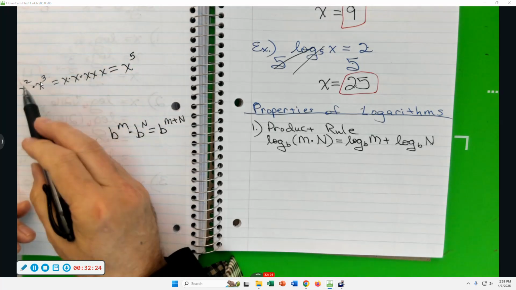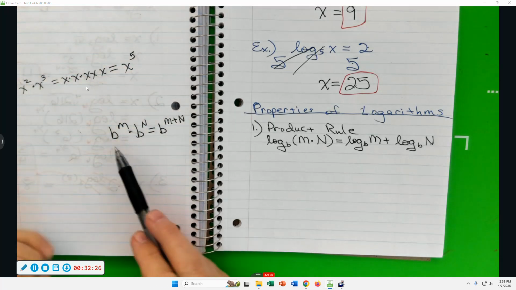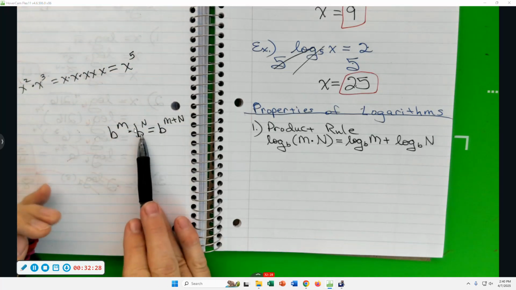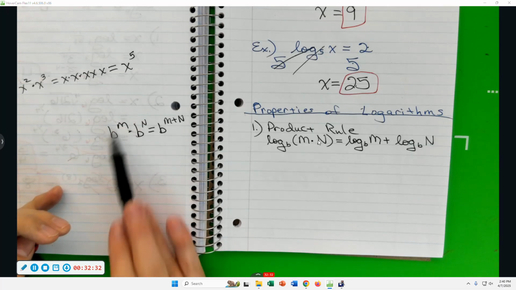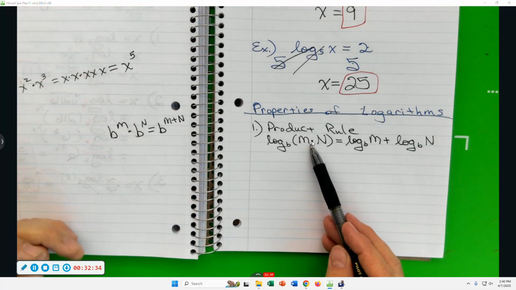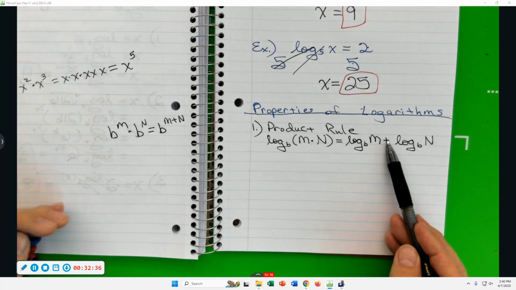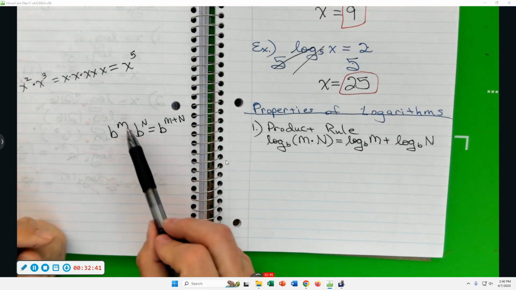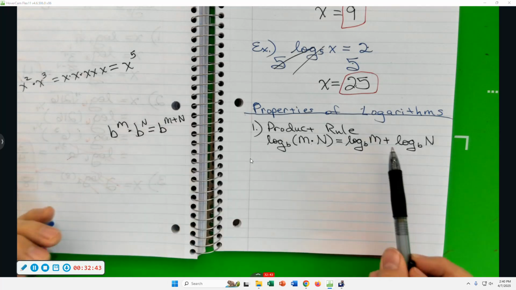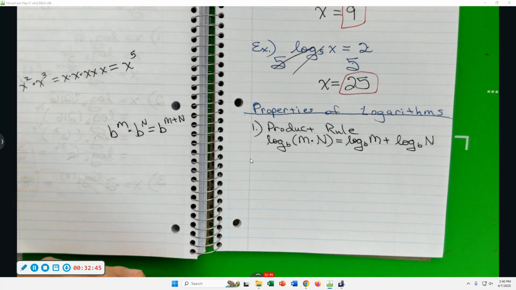So you added the exponents. If the bases are being multiplied, you add the powers. If the arguments are being multiplied, you add the logarithms. There's a strange similarity there. Here you're adding the exponents. Here you're adding the logarithms.